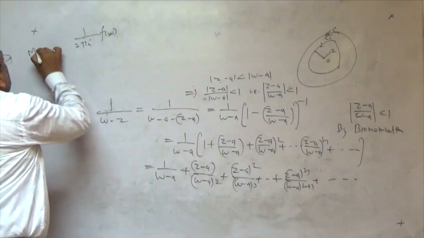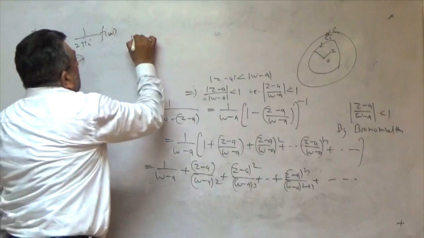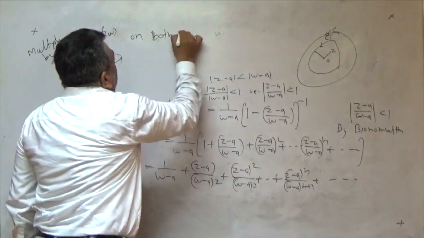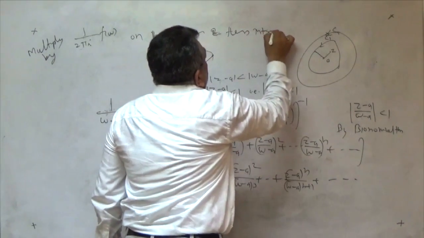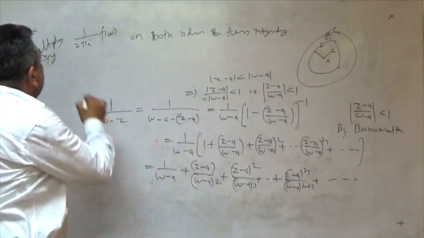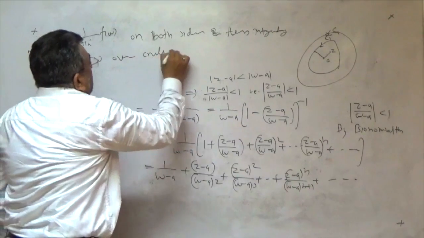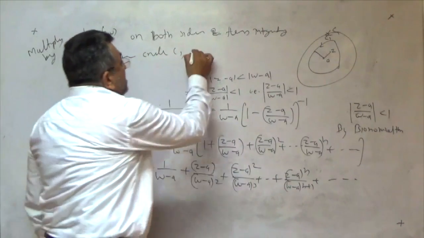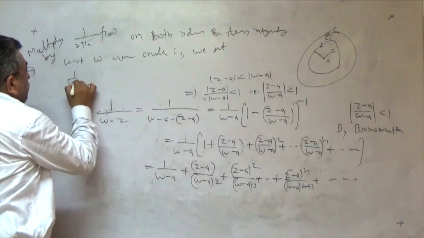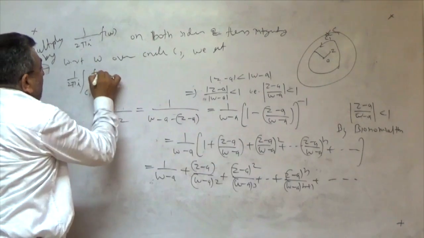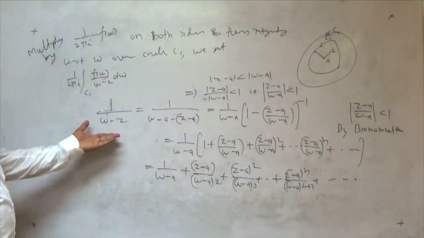If we multiply by this on both sides and then integrate with respect to w over circle C1, we get the left hand side as 1 upon 2 pi i integral over C1 F(w) upon (w minus z) dw. That is the left hand side term.